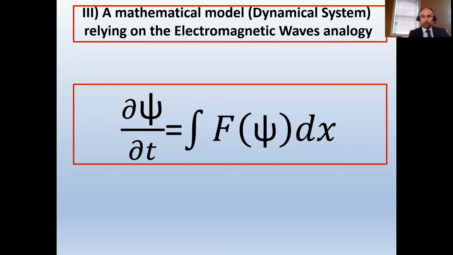So again, I have a dynamical system. Psi is a psychic state, and this is the derivative with respect to the time.